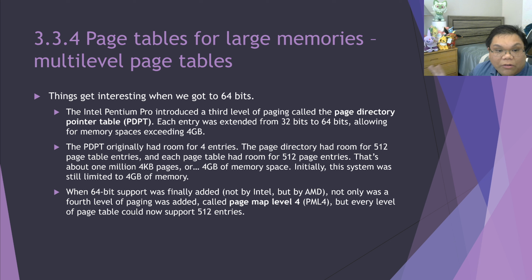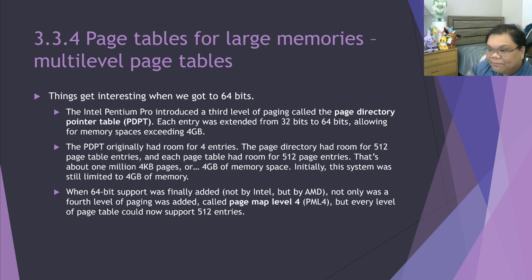Initially, the PDPT only had room for 4 entries. The page directory had room for 512 page table entries, and each page table had room for 512 page entries. So that's 1 million 4 kilobyte pages, which is still 4 gigabytes of memory. So basically, initially the system was still limited to 4 gigabytes of memory.